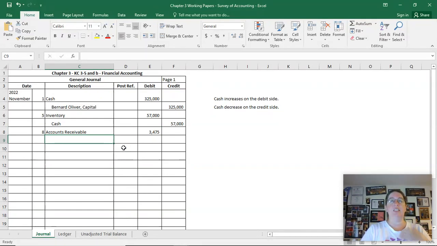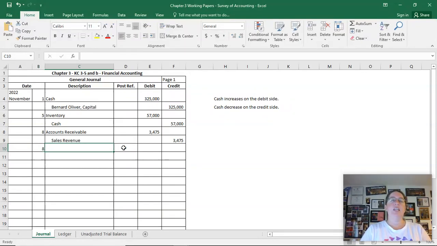We can still get it. So we're going to debit accounts receivable. It is an asset. It increases on the debit side. And we're going to credit sales revenue. Sales revenue is an owner's equity account, and that one increases on the credit side. So we credit sales revenue to show that we had that revenue.